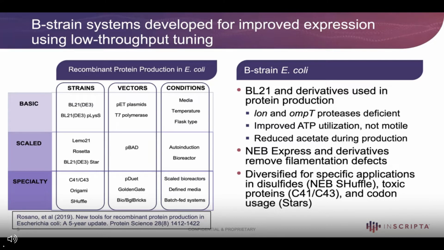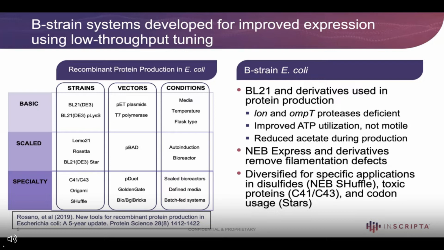B strains themselves have an improved ATP utilization, possibly or principally due to the fact that they're non-motile, and so that ATP resource can be diverted to greater protein production. It also has reduced acetate during protein production. So there's a number of reasons for BL21s being valued for protein production over K strains.